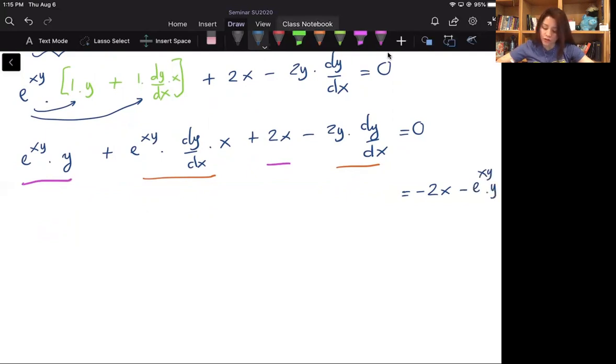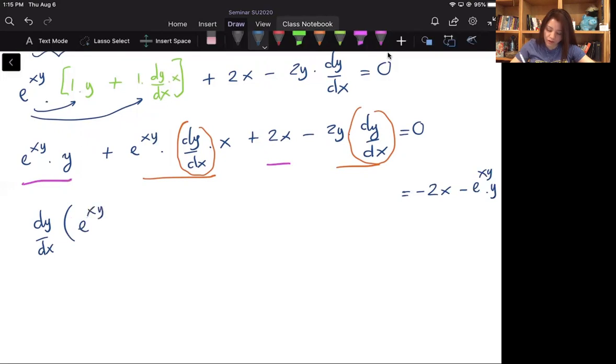For the left-hand side, I'm going to factor out dy/dx between these two terms. So dy/dx times (e to the xy times x minus 2y) equals the right-hand side.